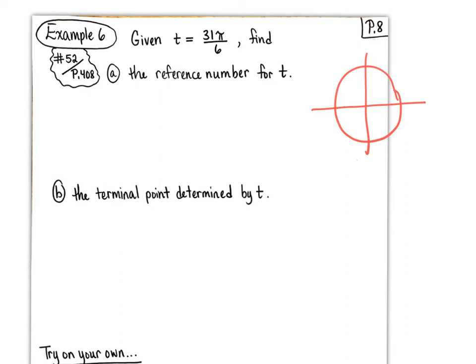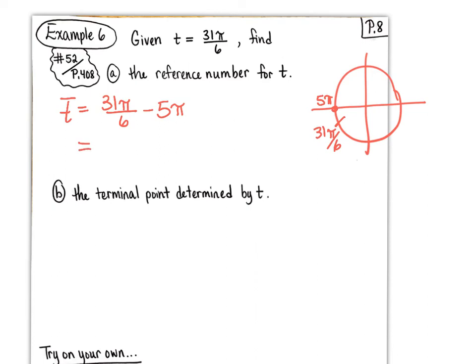So here, notice that we went around a few times and this became 5 pi. So we know that 31 pi over 6 is in quadrant 3, and it belongs in here. So we go back to 5 pi, and we say that the reference number is going to be 31 pi over 6 minus 5 pi, the shortest distance close to the x-axis.